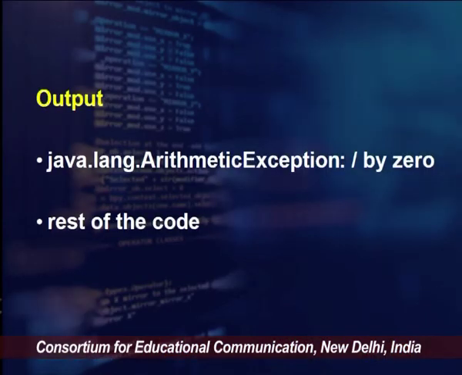As the parameter of the catch clause, we either need the exact exception which is being raised, which is ArithmeticException here, or we need a parent class exception. Either of these two is okay, and ultimately it is going to print java.lang.ArithmeticException: / by zero, and then the rest of the code given after the catch block will be printed.